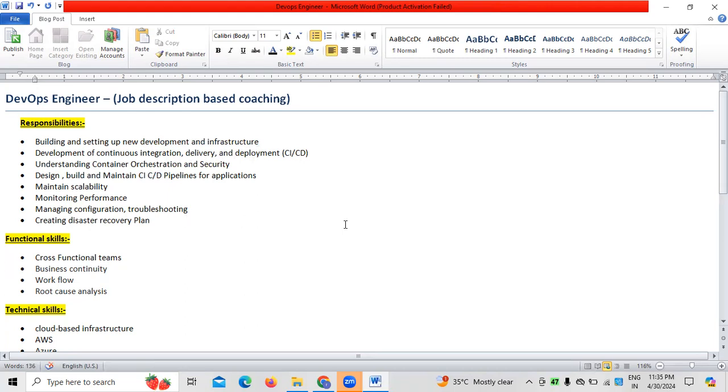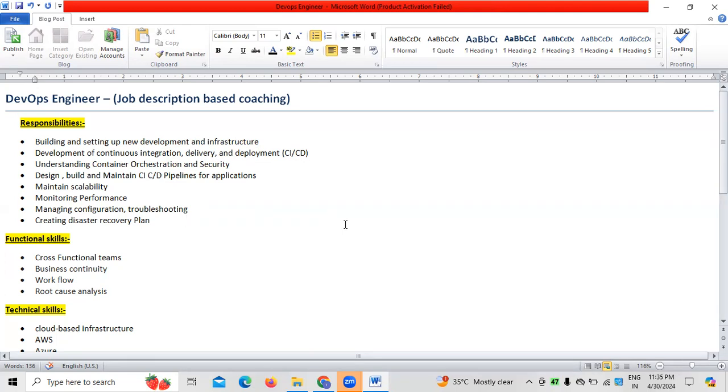These DevOps engineers deploy the application in different cloud environments, either AWS, Azure, Google Cloud Platform, or IBM Cloud. So we use different cloud services and do the deployments accordingly. This is the overall context of DevOps engineering.